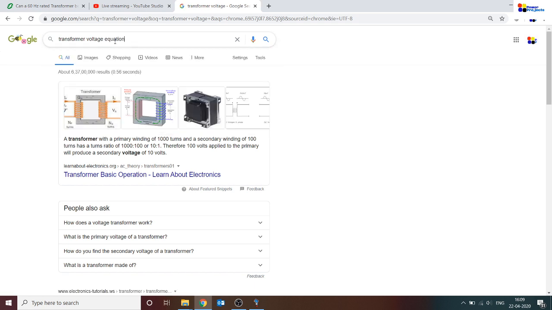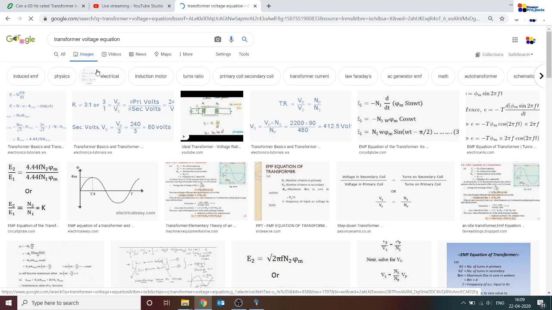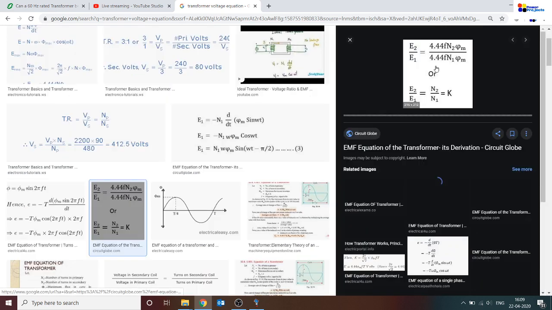Right, the induced voltage equation. Yep. Let's try to get some equations. Yes, so you have some equations, right?